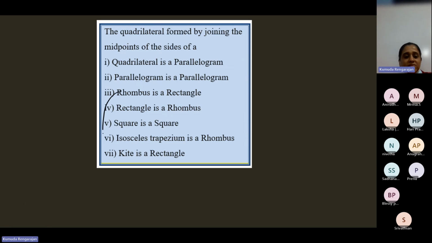Rhombus and kite, they're similar, not the same. So rhombus and kite, both rectangle. You should remember this. Quadrilateral, parallelogram; parallelogram, parallelogram; rhombus, rectangle; rectangle, rhombus; square, square; isosceles trapezium, rhombus; kite, rectangle.